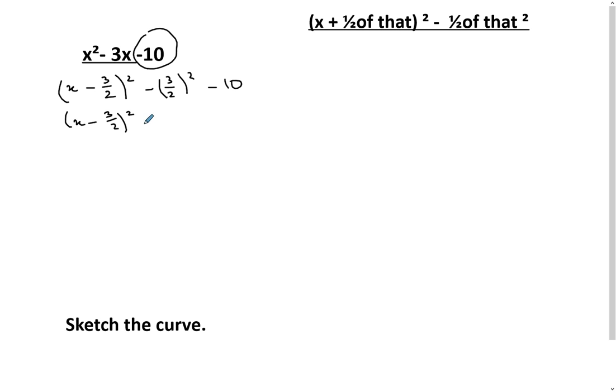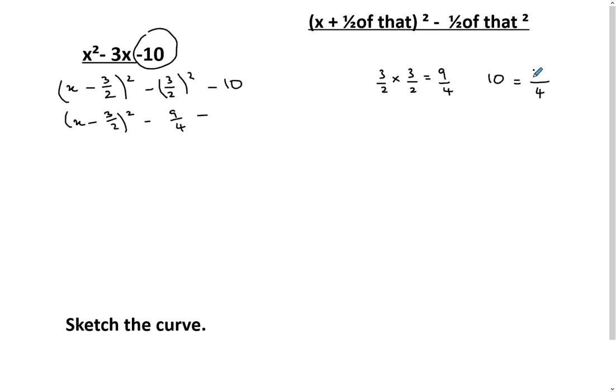Okay, so just copy this bit out, x minus 3 over 2 squared. Now, minus 3 over 2 squared would be 3 over 2 times 3 over 2, which when you multiply fractions straight across, will be 9 over 4. So you've got minus 9 over 4. And here with the 10, I'm actually going to say what is 10 as a fraction over 4.